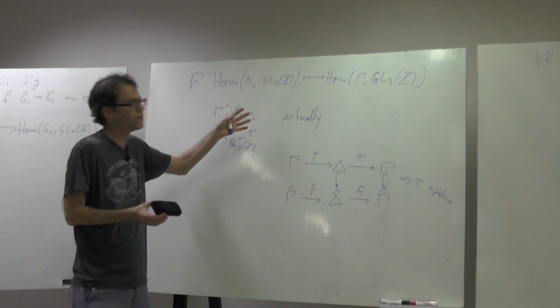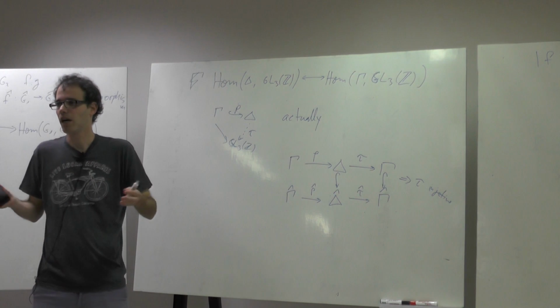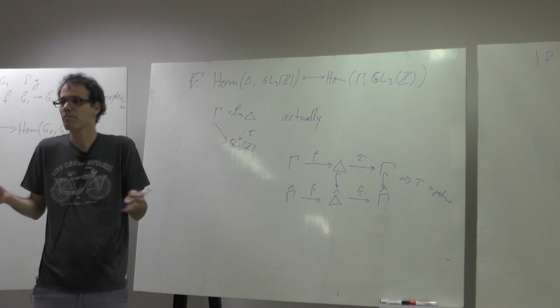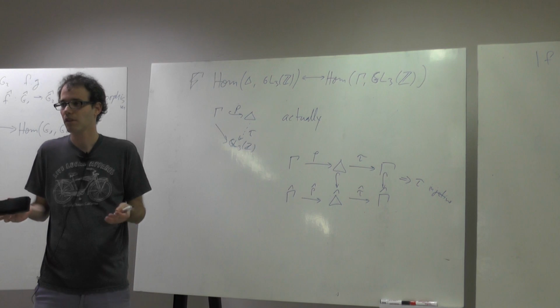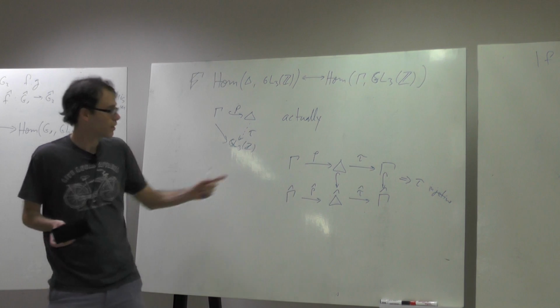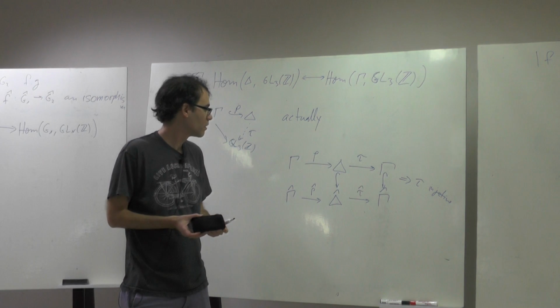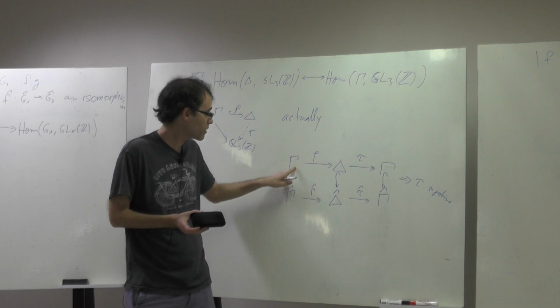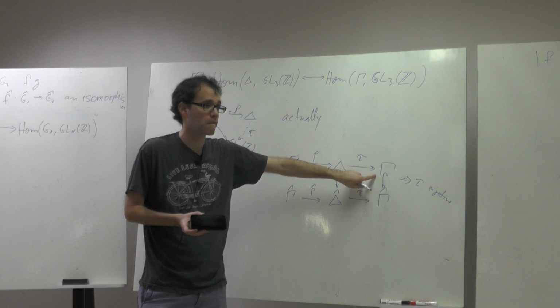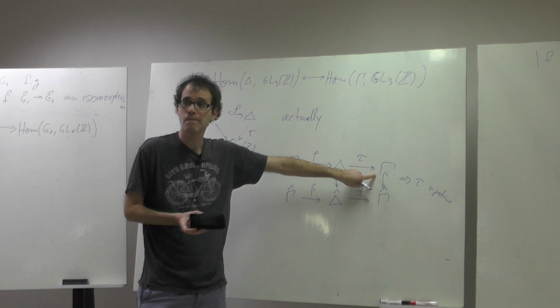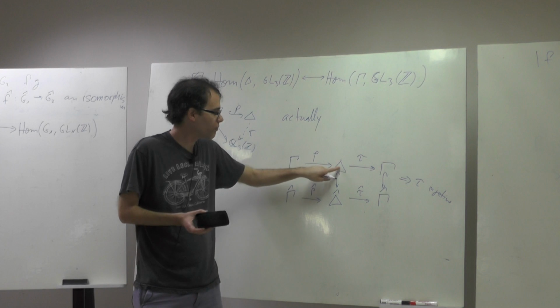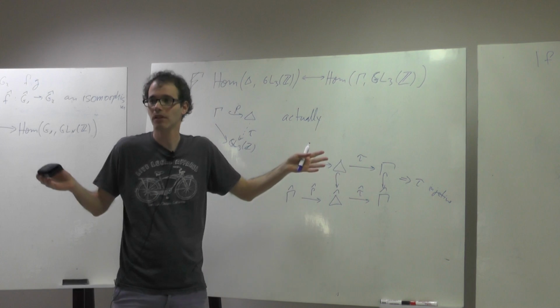If you multiply delta by something, some simple infinite group, then nothing changes. This composition is the identity.